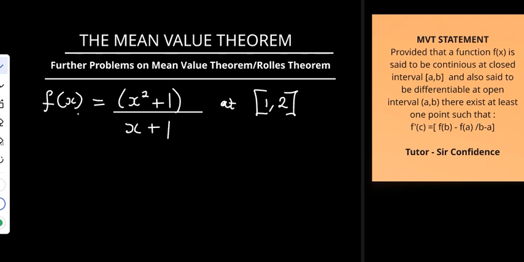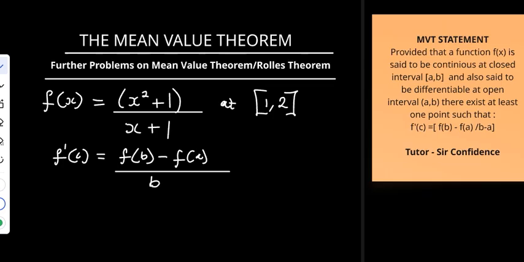The first thing we need to do here is to write out the general formula of the mean value theorem. So we're going to say f prime of c is equal to f of b minus f of a over b minus a. Then the next thing to do is to find f of c.